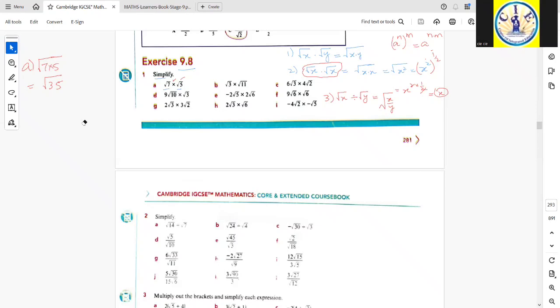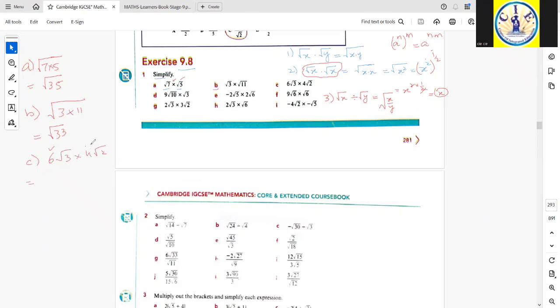Okay, now for part B, again we are going to do it the same way, 3 times 11 under the same radical sign, and this is going to be radical 33. Then for part C, 6 times radical 3 times 4 times radical 2.